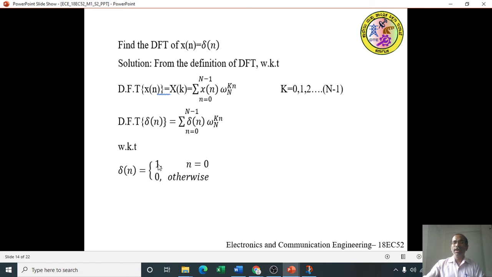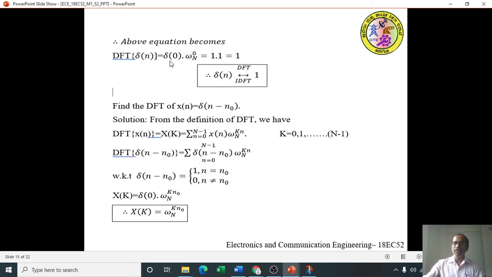area tending to 1. In this formula, wherever x of n is there, just replace it by delta of n. By the definition, the delta function has a non-zero value only at n is equal to 0, meaning this summation is valid only at n is equal to 0.